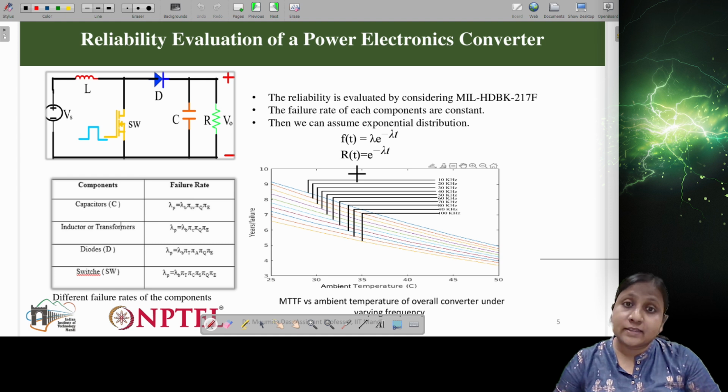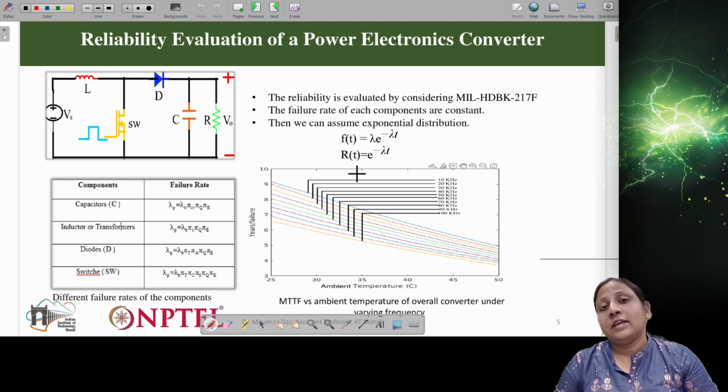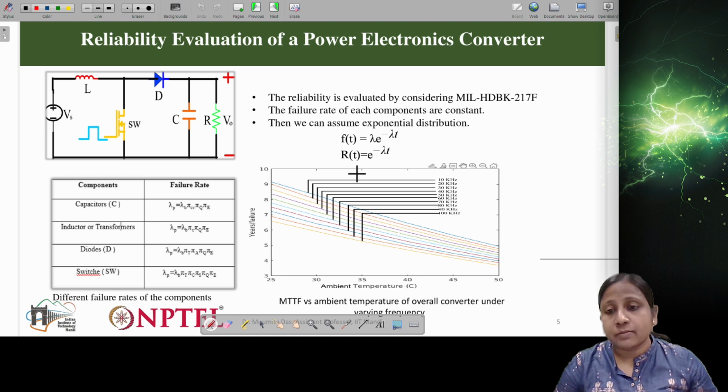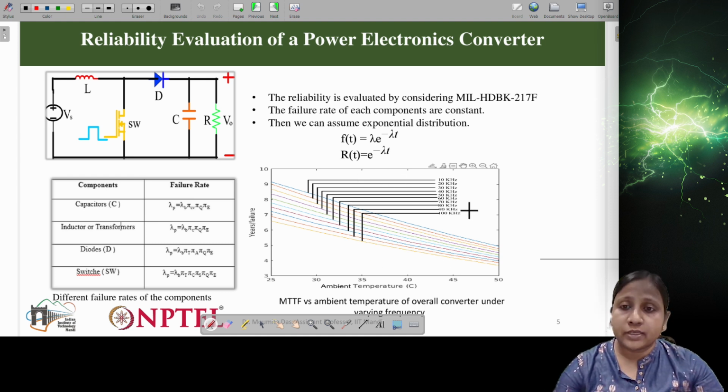We can provide methods or different designs for the power electronic converter, or we can evaluate how temperature and environment stress can affect the system less. Those are the ways we need to find and implement for any new device based system, so that we can maintain at least the years to failure of the previously existing system, without obviously losing the other advantages. But we should not affect the failure part.